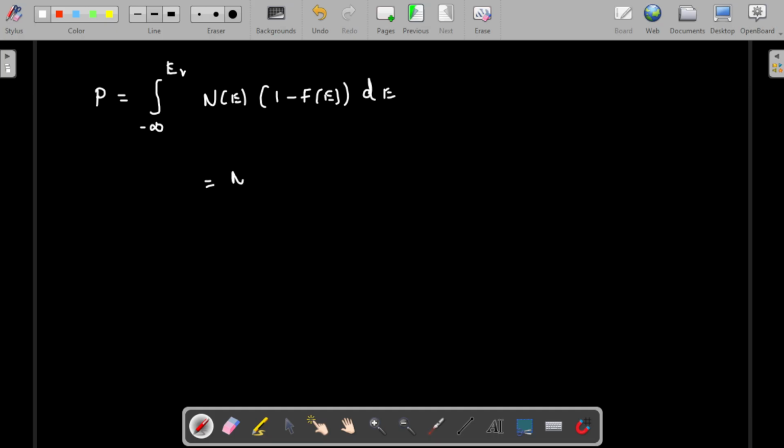Then this will be equal to NV e power minus (EF minus EV) divided by kT, per cubic centimeter. NV is nothing but the effective density of states in the valence band.